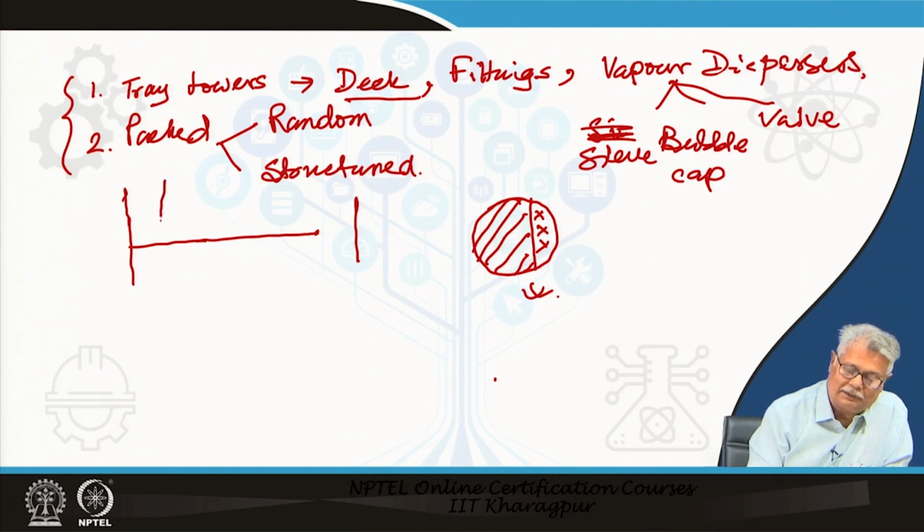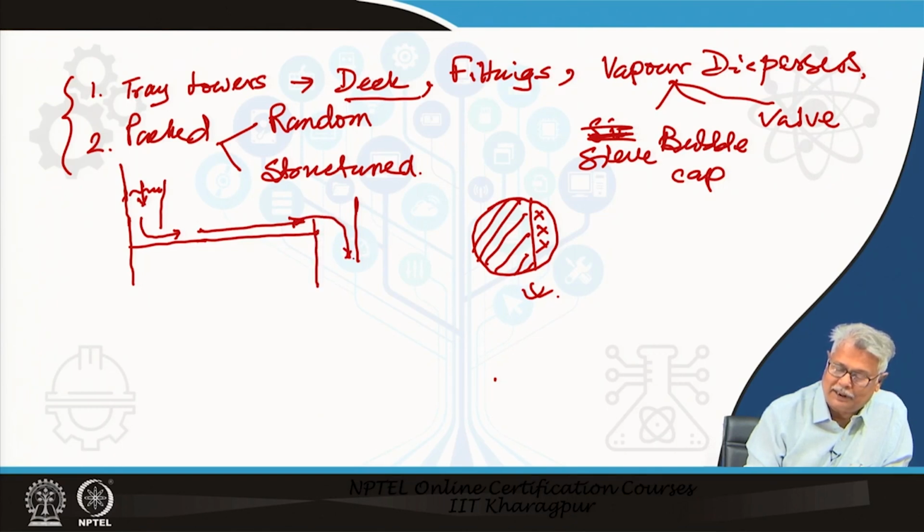On this, we have the downcomer of the upper tray coming and ending with a gap here. So, you have the liquid pouring in, and there has to be a liquid level here. The liquid falling on this tray has to come out of this opening, and it has to flow across the tray, and then finally use the downcomer of this particular tray and go to the tray below. So, this is our tray deck.